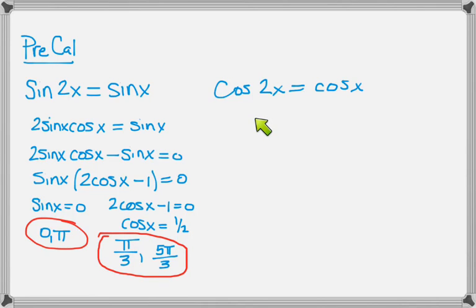I can do cosine squared minus sine squared. That's mixing cosine and sine together. I've got 2 cosine squared x minus 1, and I've got 1 minus 2 sine squared x. If I choose the one that's just got a cosine, then that's going to be a better choice for me, because I can get it down and it's going to be just cosines together.